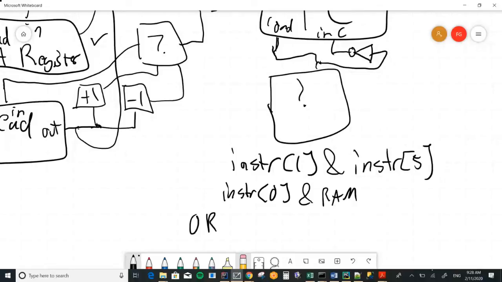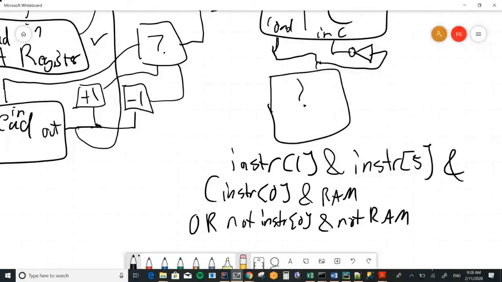Or I can have not instruction 0 and not RAM. So I wind up needing to build a circuit that does this. And if it does this, it emits a 1 and it jumps. Otherwise, it emits a 0.